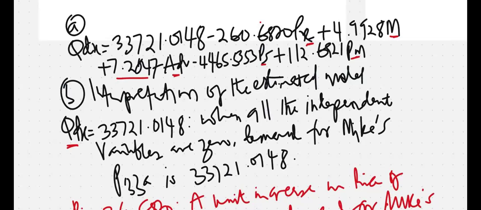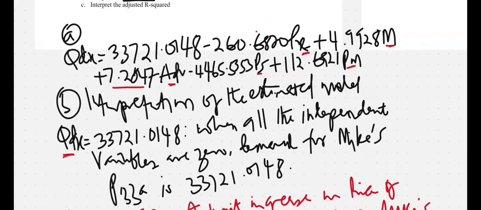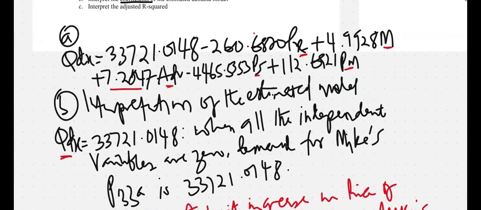What it means is that in the event the variables, that is PX, M, advertising, PS and PM, are zero: PX is zero, M is zero, PM is zero, PS is zero, advertising is zero. If all these variables are changed to zero, and we multiply them by their corresponding coefficients, it will turn the whole term of the equation to zero.